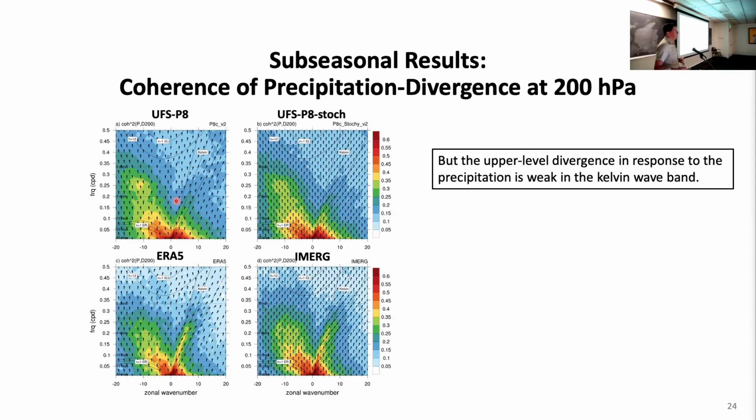The model's missing that. So that's another area that the developers need to work on. Basically, we're getting the convergence, we're getting the precipitation, but we're not getting the divergence aloft, which will have effects downstream. We won't have this Rossby wave source to then project into the extratropics and impact your midlatitudes.